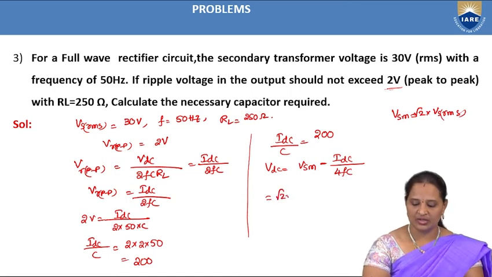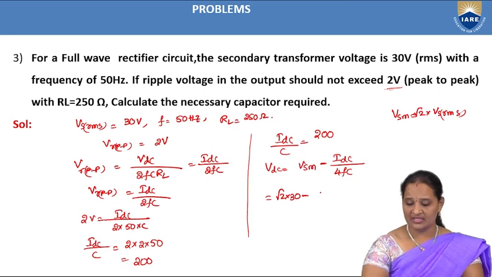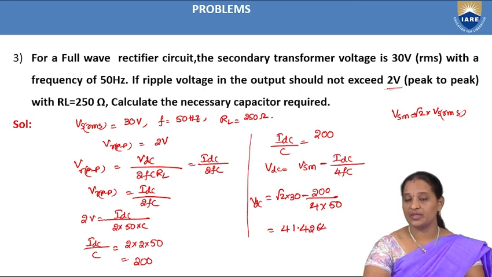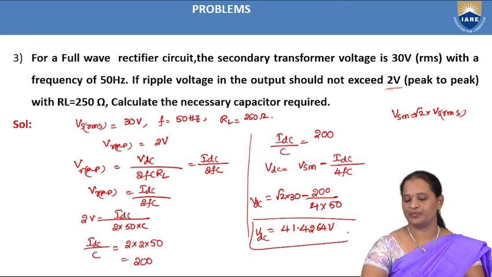So root 2 into 30 minus IDC by C, which is known, that is 200, divided by 4 into F, and 4 into F is 50. So this is the VDC value. If you calculate this, we'll get the value as 41.4264 volts. This is the value of VDC.